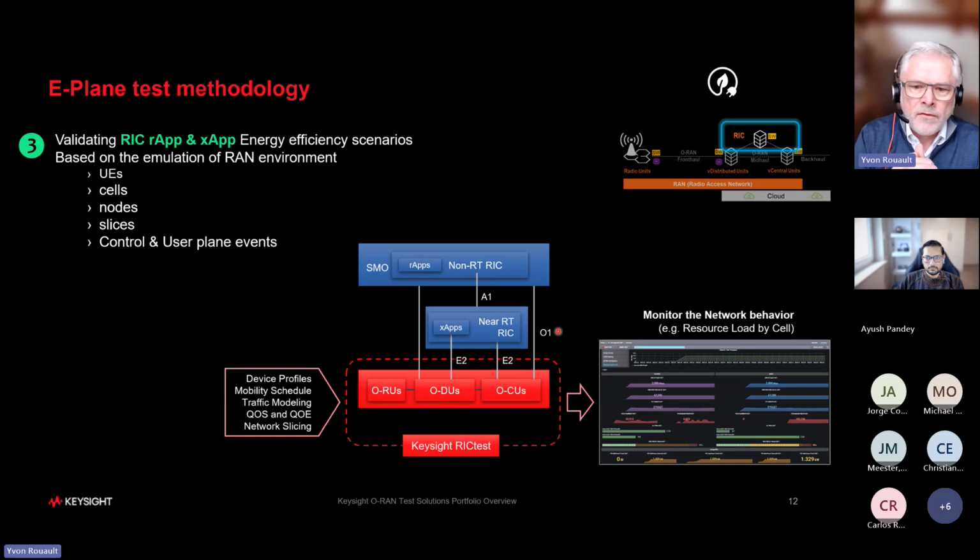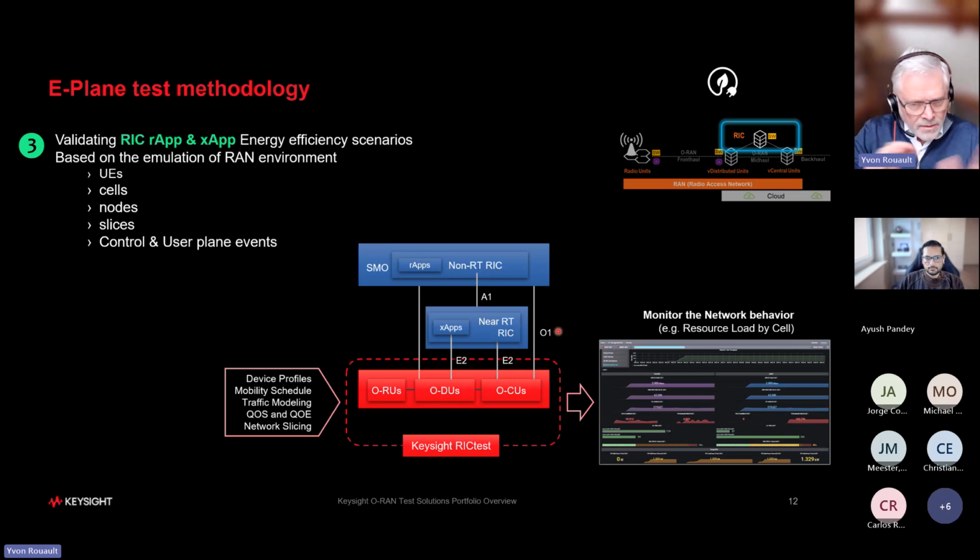Some others are made for slice performance efficiency or slice QoS control. Could be as well, and I'm going to use that in my example later, an xApp dealing with traffic steering. Okay, so moving the ongoing connections from one radio unit to another radio unit, which will be important if you want to switch off that particular radio unit, and save energy, of course.